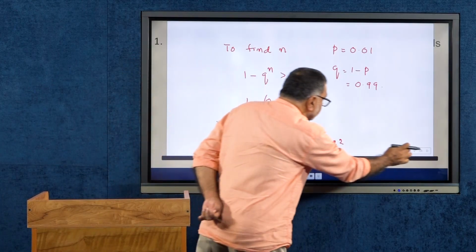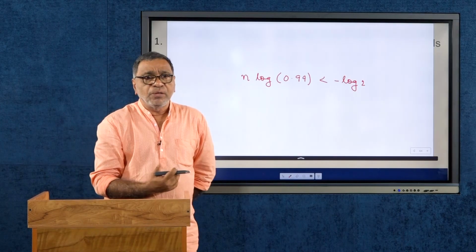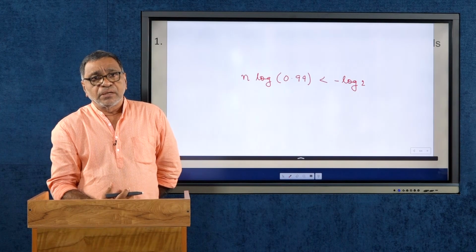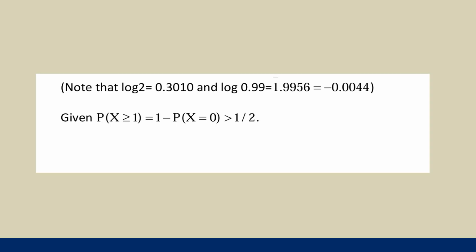So this is the problem: find the value of n using the logarithm of 0.99 and the logarithm of 2. Actually we have the values: logarithm of 2 is 0.3010 and logarithm of 0.99 is bar 1.9956, that is actually minus 0.0044.